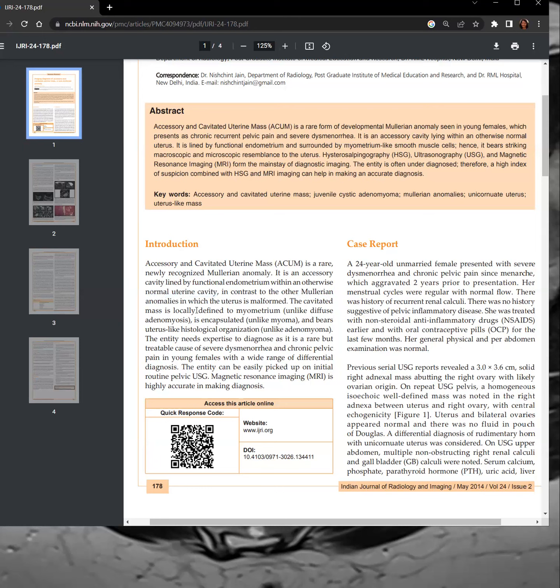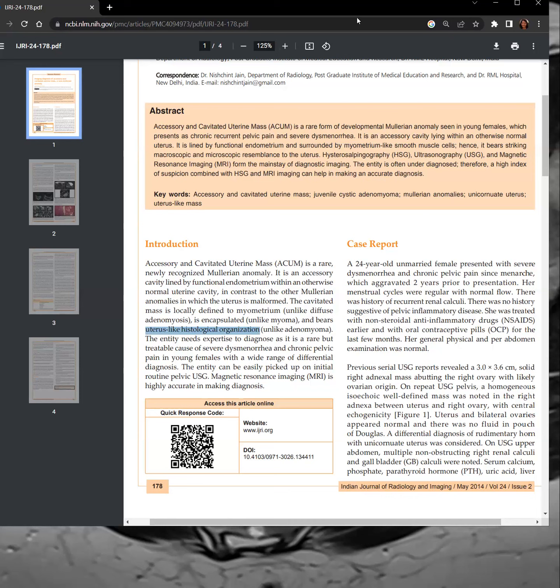The cavitated mass is surrounded by myometrium, so the cavity itself is the endometrium. And it's encapsulated, completely closed off, and looks like a uterus, unlike adenomyoma, which is more cystic looking and T2 hyperintense.